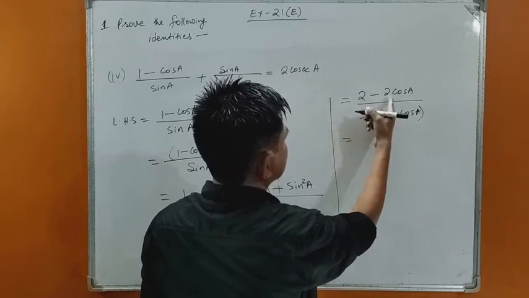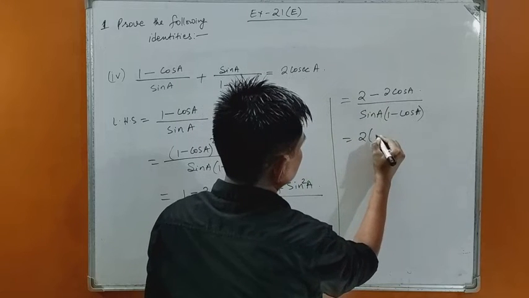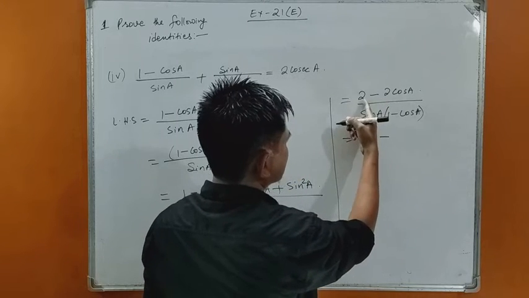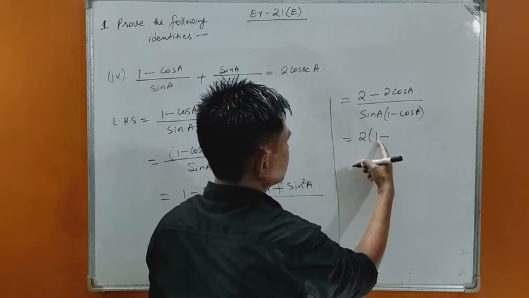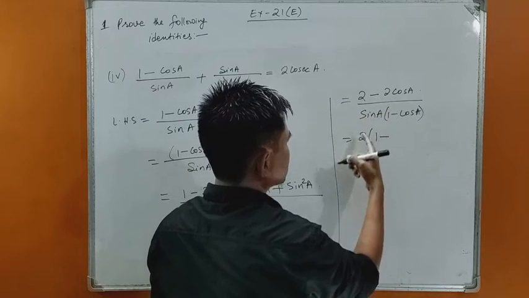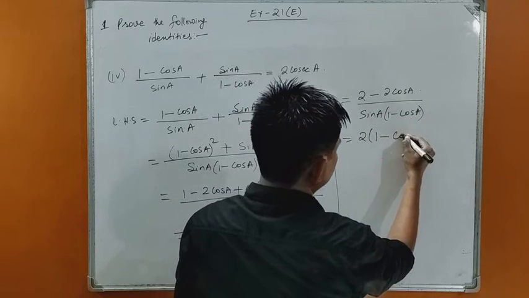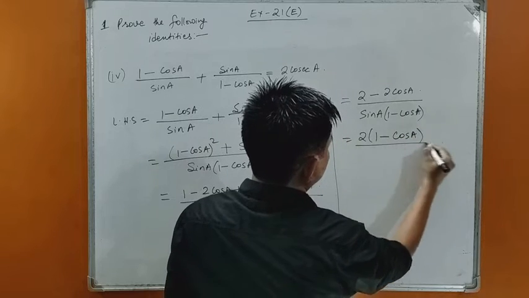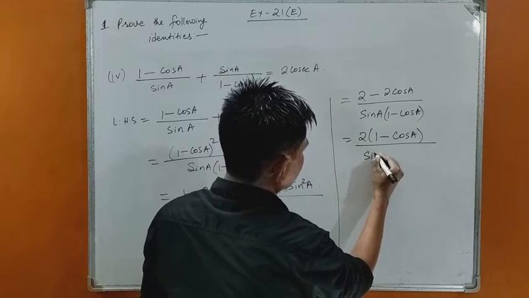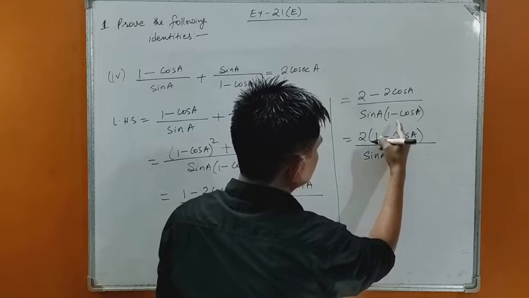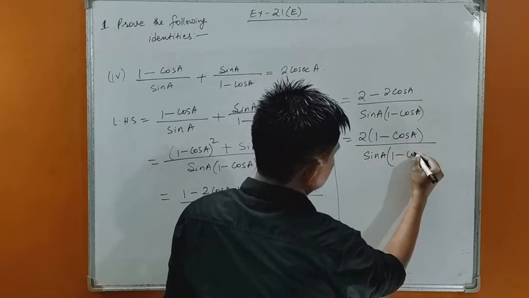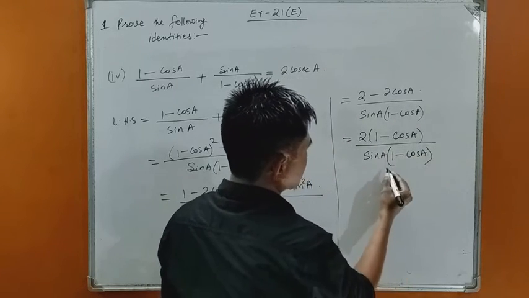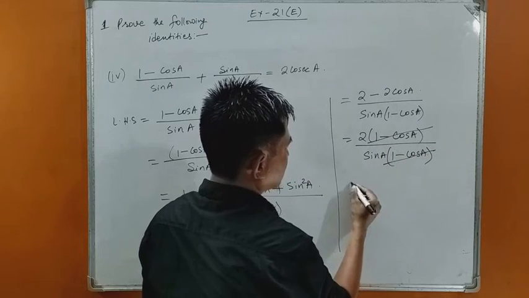Now let us take the 2 common out. 2, 1 minus cos A: this 2 is taken out, so 1 remains within the bracket, minus this 2 is taken out, so cos A remains within the bracket. In the denominator we have sin A into 1 minus cos A. So this 1 minus cos A and 1 minus cos A can be cancelled.